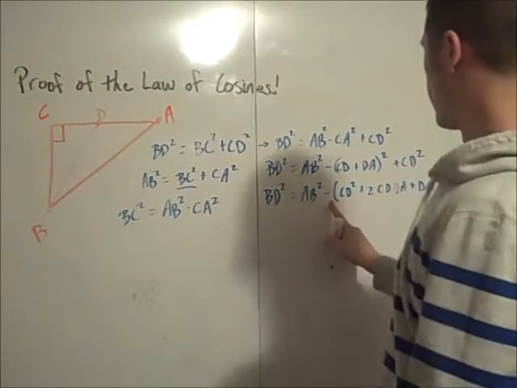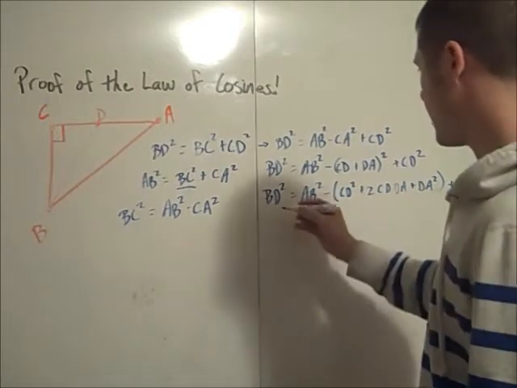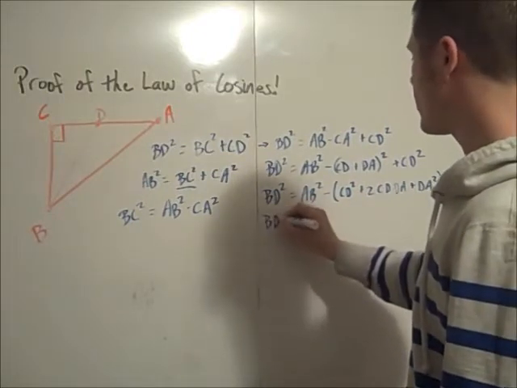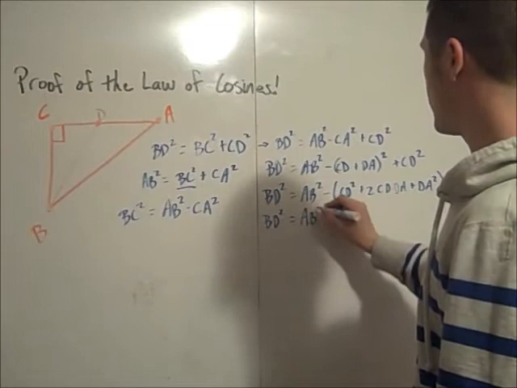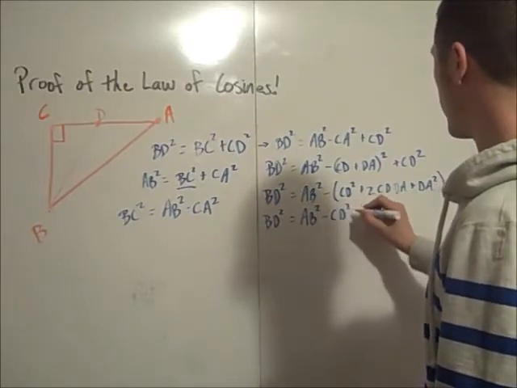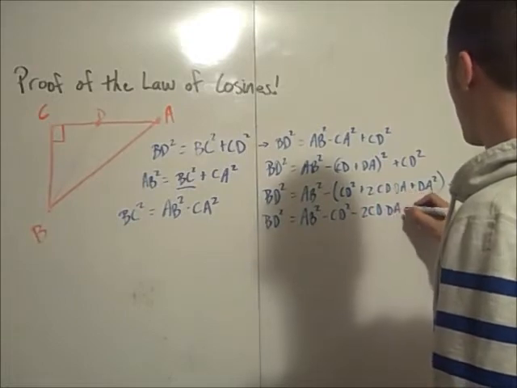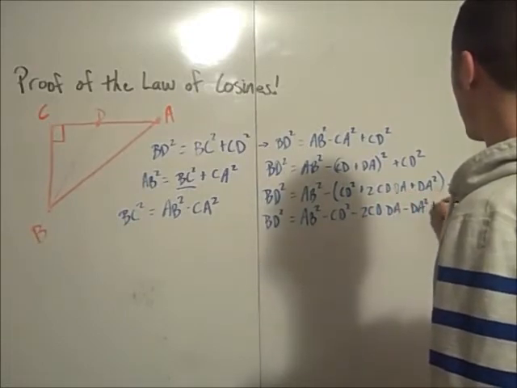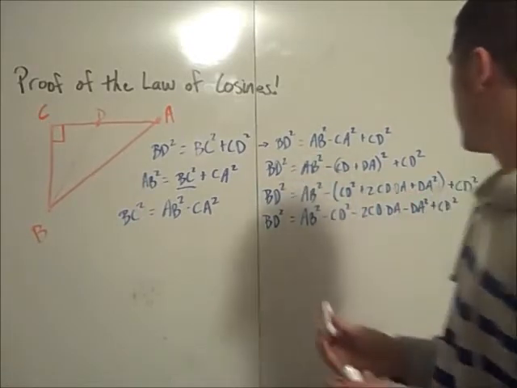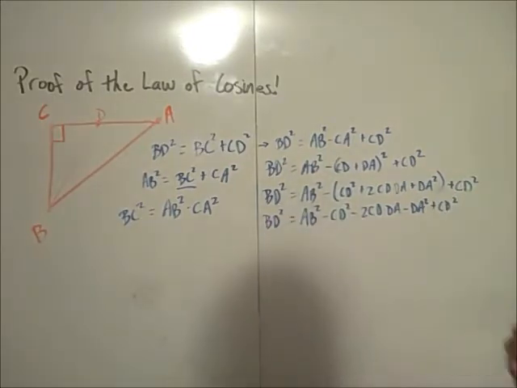Okay, so distribute this minus sign. So I have BD squared is equal to AB squared minus CD squared minus 2 CD DA minus DA squared plus CD squared. Take a look. We can actually simplify this a little bit.